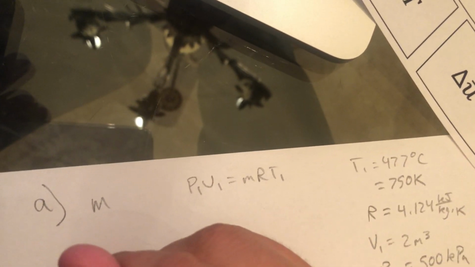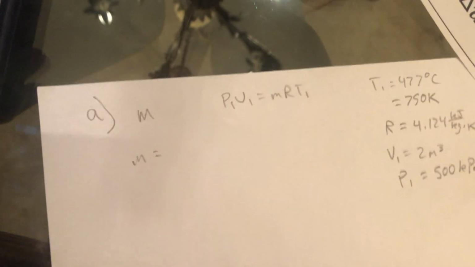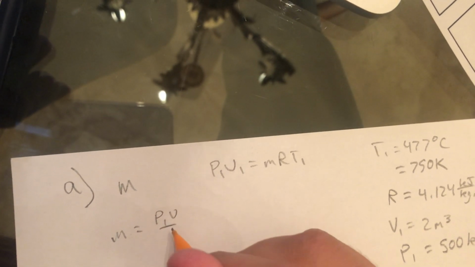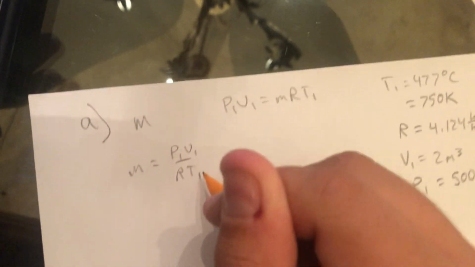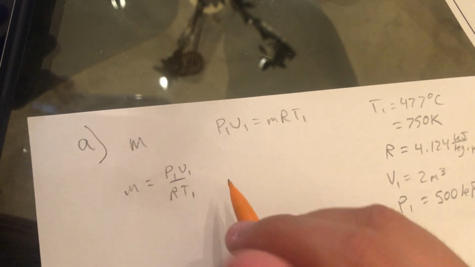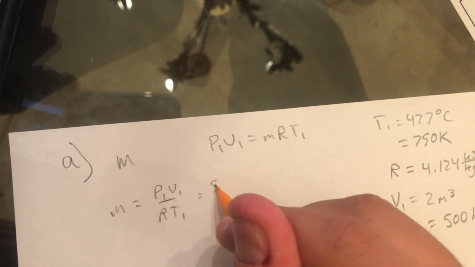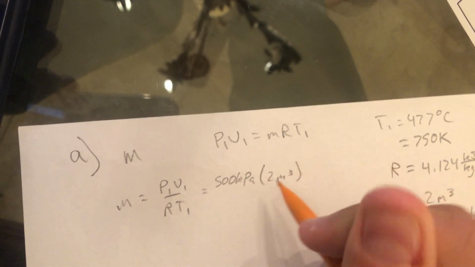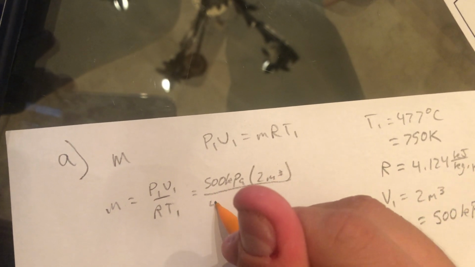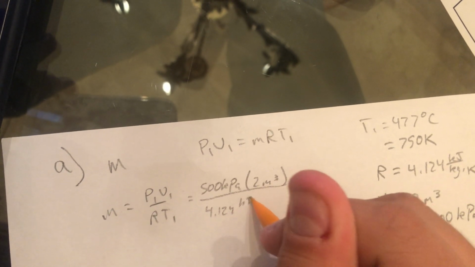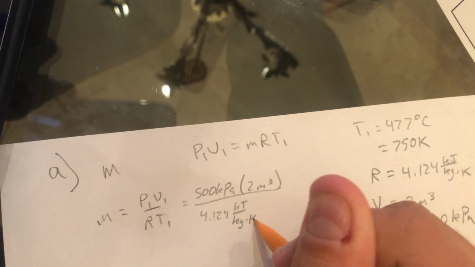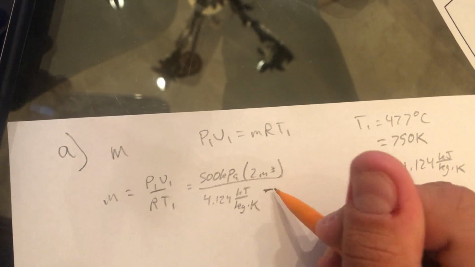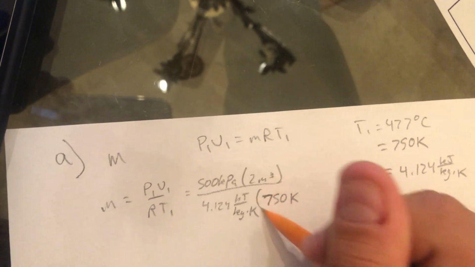So m is equal to P1 V1 over R T1. So that's equal to 500 kilopascal times 2 meter cubed divided by 4.124 kilojoules over kilogram times Kelvin, and T1 is equal to 750 Kelvin.